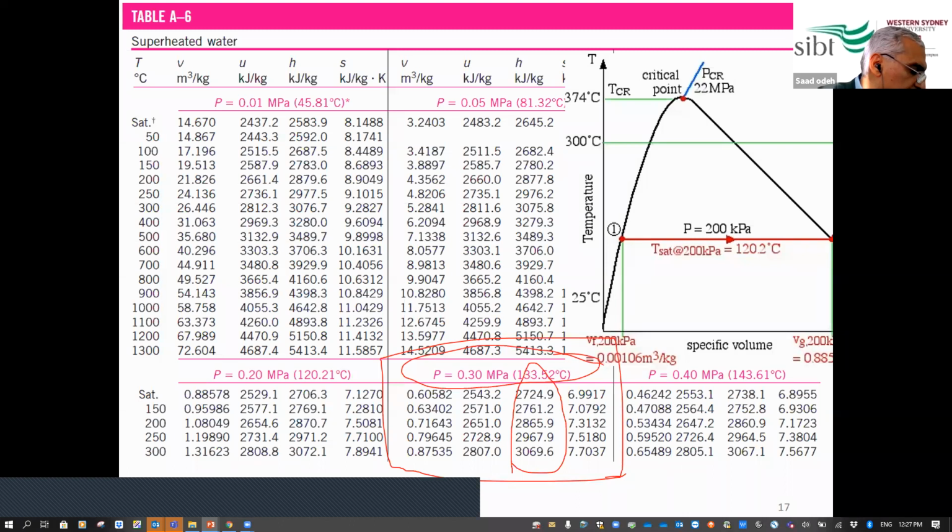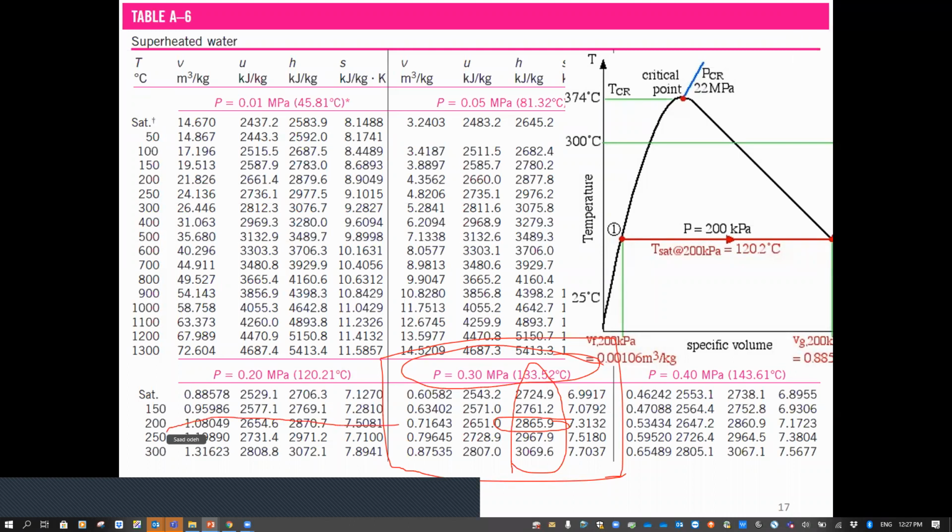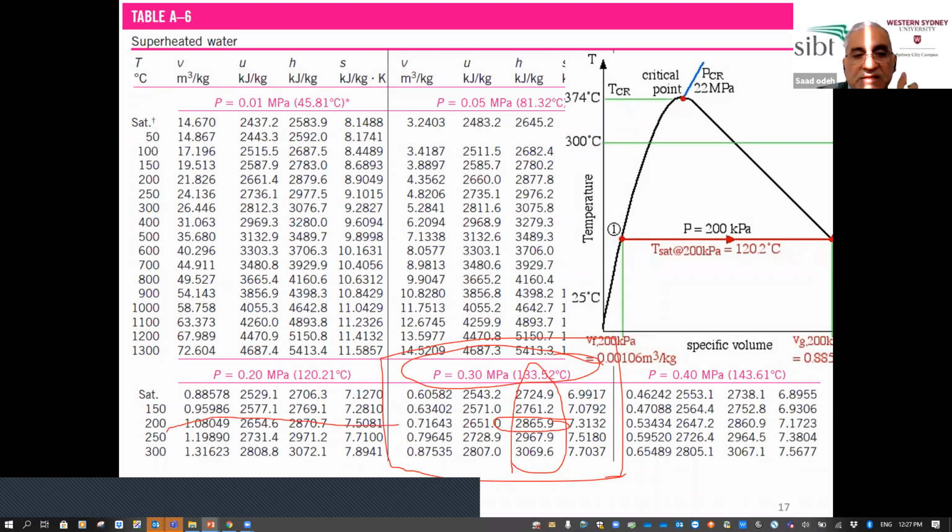So for this 2865, what's the temperature? 200. So I can get the temperature from a table based on the pressure I have and the enthalpy I found from the equations. This is the way you find the temperature if you know the pressure and enthalpy of superheated steam.